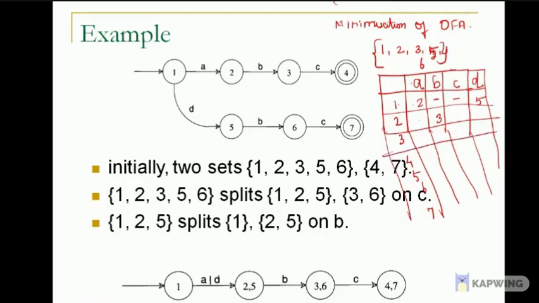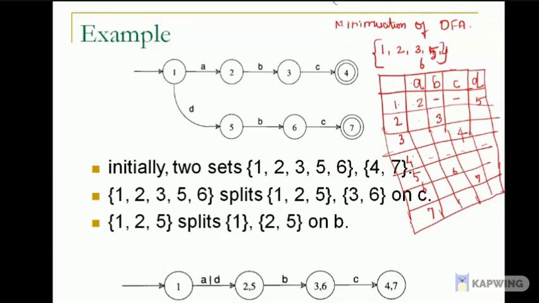From 3, there is only a transition to 4. And from 4, you don't have any transitions. From 5, on B, it is going to 6. From 6, on C, it is going to 7. From 7, there is no transition at all.